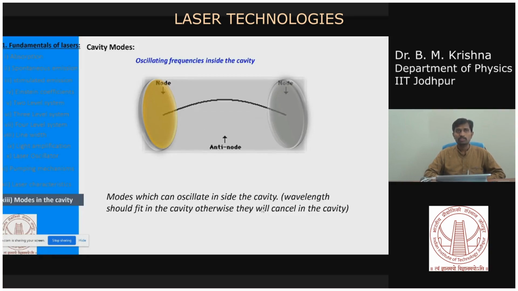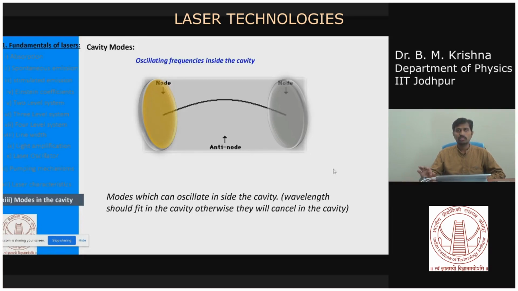When two waves add up, they have to interfere constructively. To make constructive interference, the mode should oscillate such that it fits the wavelength, otherwise it doesn't form a standing wave.